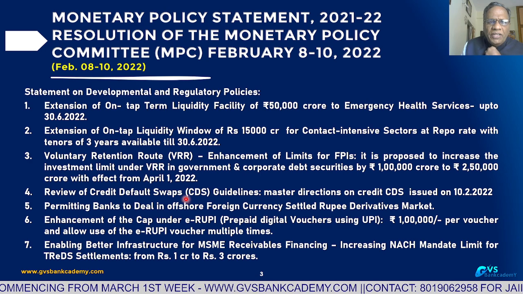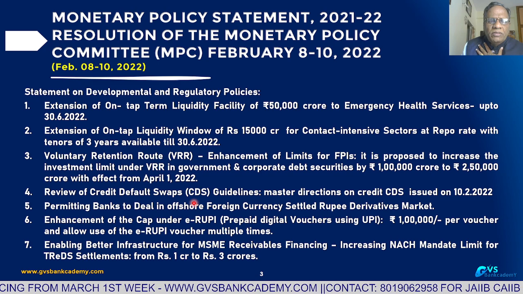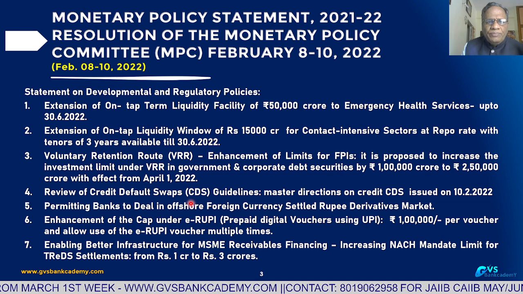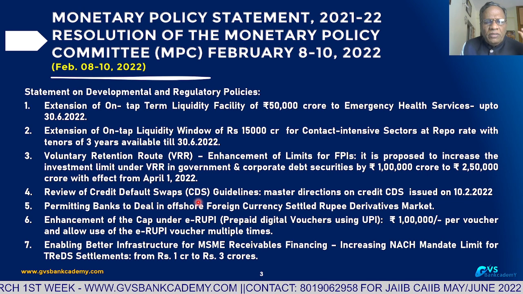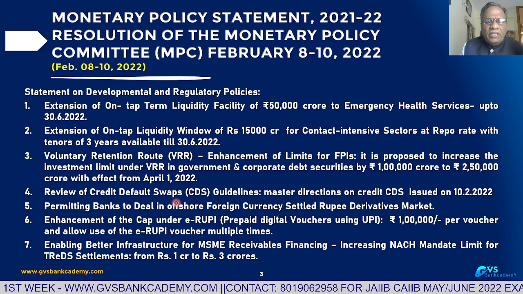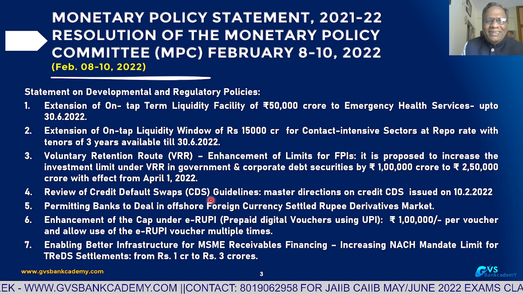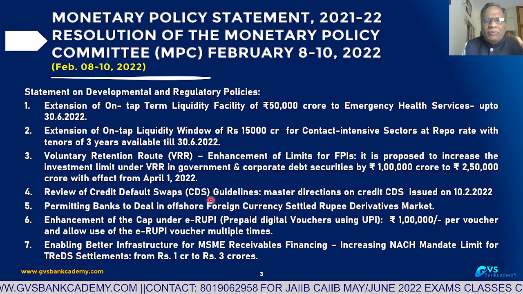What is meant by credit default swaps? Credit default swap is nothing but a credit derivative. The objective of credit default swaps, or credit derivatives, is to mitigate credit risk in advances or in investments.